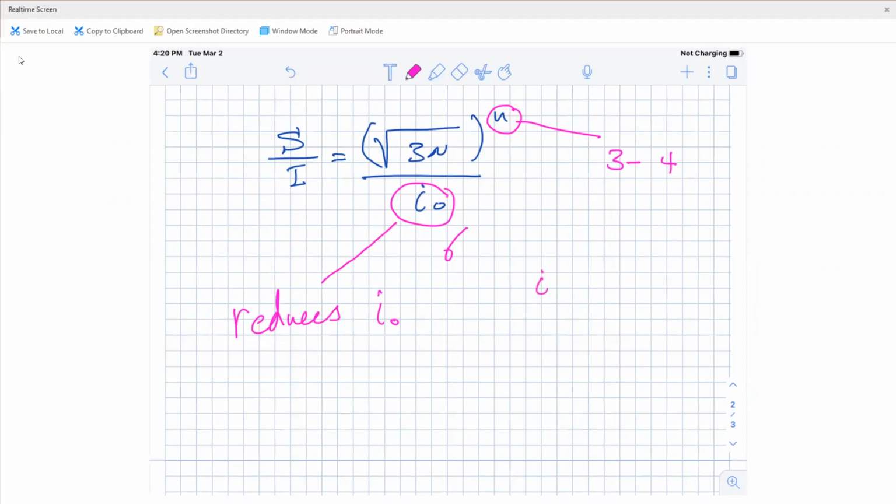Now, without sectoring, I naught is 6, but with sectoring, I naught will be reduced. Of course, we have two cases. Case number one, when we use a directional antenna of 120 degrees, and in the second case, when we use a directional antenna of 60 degrees.